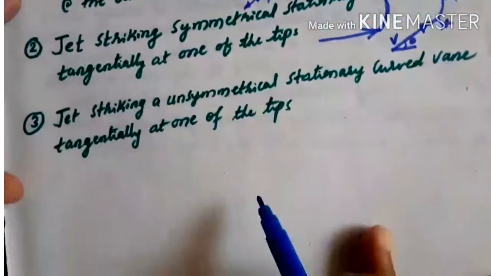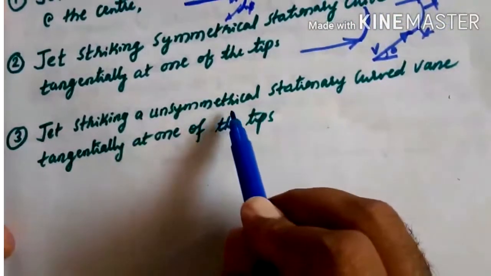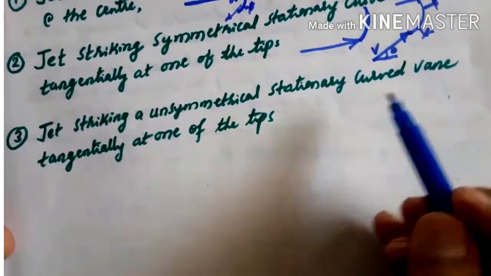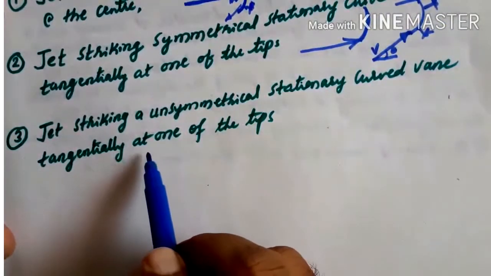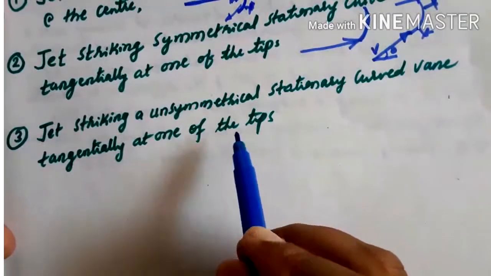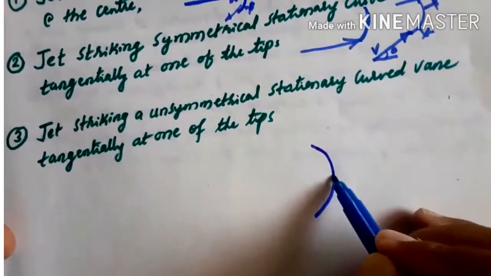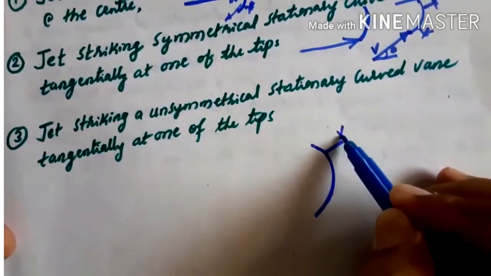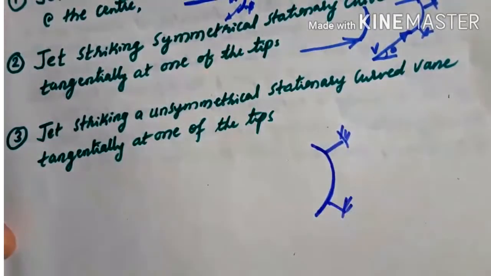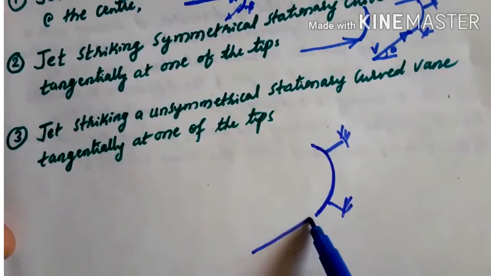Okay, the third case, jet striking an unsymmetrical stationary curved vane tangentially at one of the tips. This is the curved vane and it is a fixed one. How is the jet striking? It is striking tangentially at one of the tips.